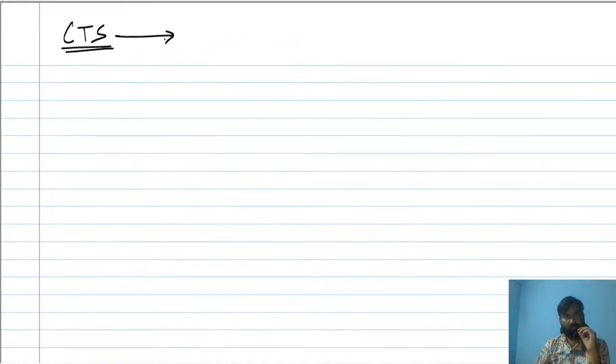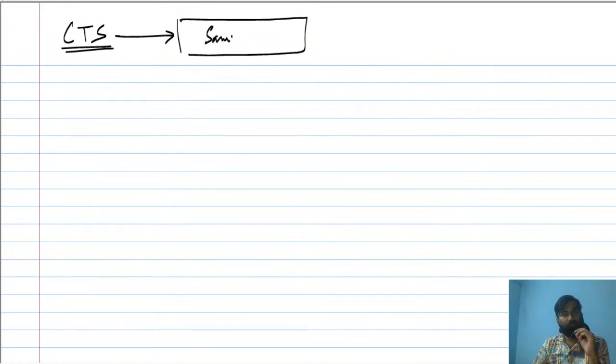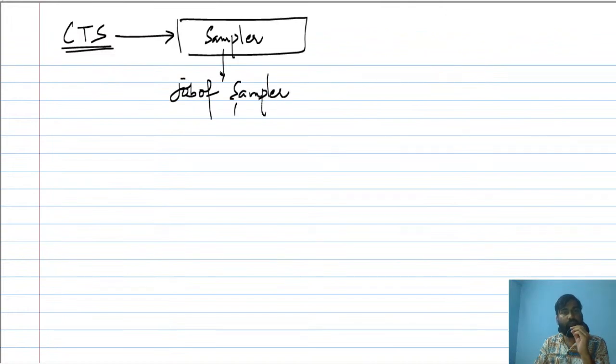What you have to do is pass this continuous time signal to a sampler. And what is the job of the sampler? The job of the sampler is to do sampling.